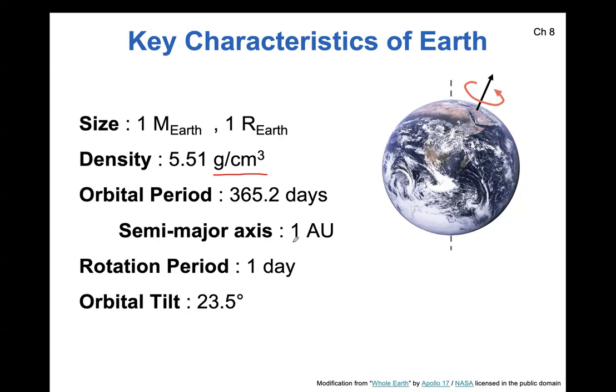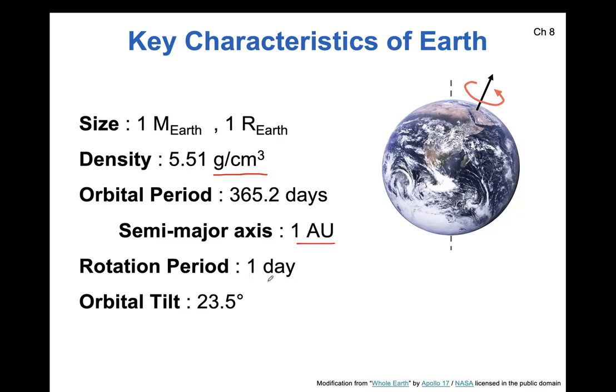The semi-major axis, again in units that are specific to Earth, is 1 astronomical unit. You can convert this to kilometers or meters if necessary, but comparing between planets, it makes sense to stick with AU. The rotation period is 1 day. I suppose you could also convert this to seconds, which would be the base unit.